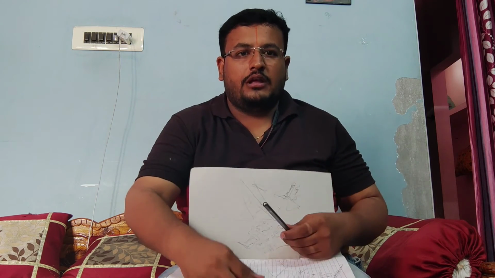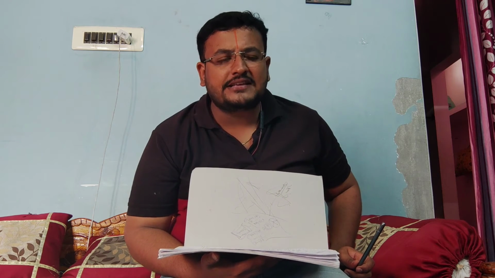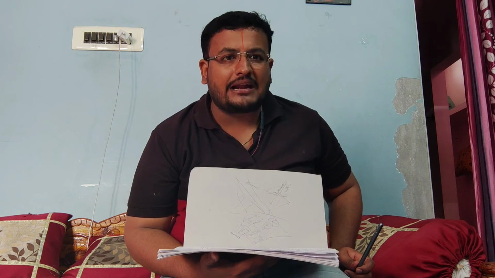Now, so as to draw these projections, for our convenience it is better to rotate the view. That means let us start from the fake view, assuming that if the question is given like this, the line is inclined to HP and parallel to VP.